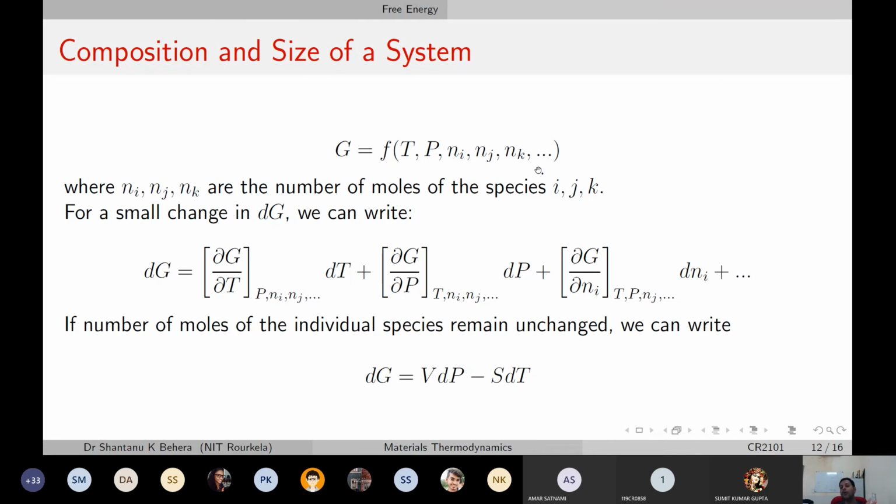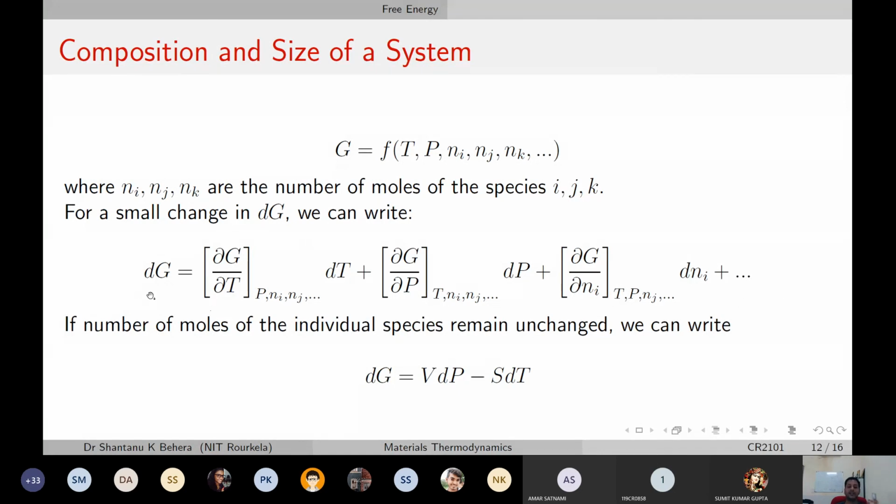And when I sum up all of those changes, then I'll get the total change, not the total value. Total value is there. And what will be the small change if all of those things change? That I can do. And that's what is mathematically written here.